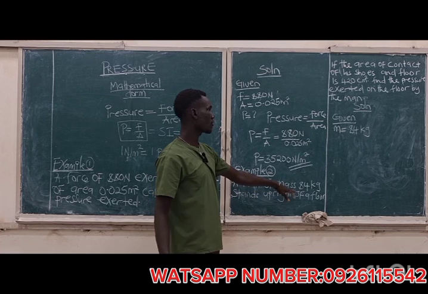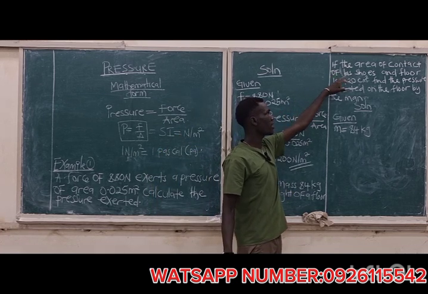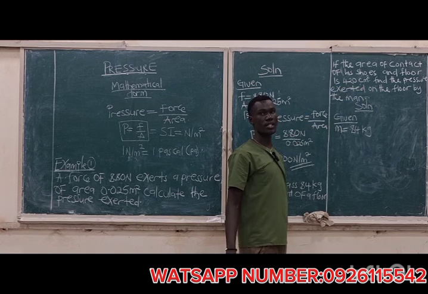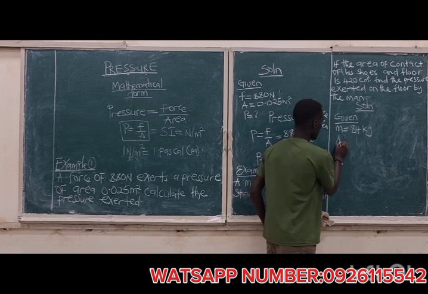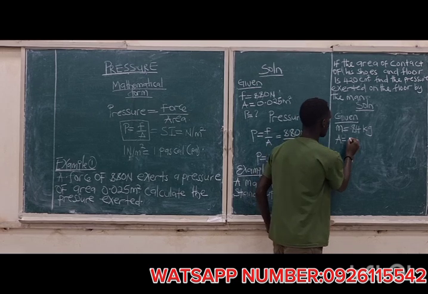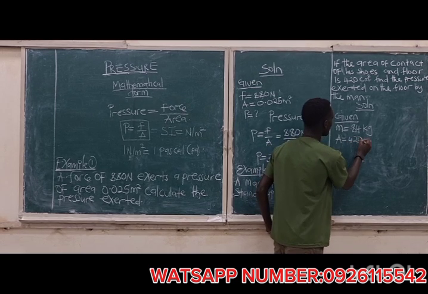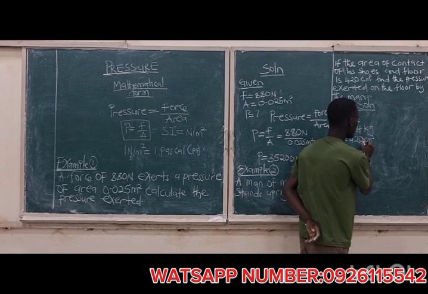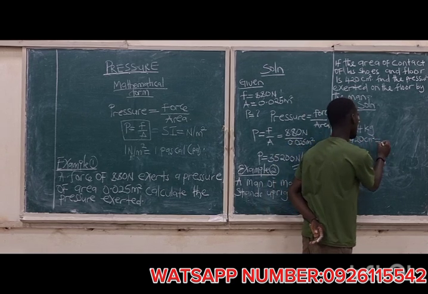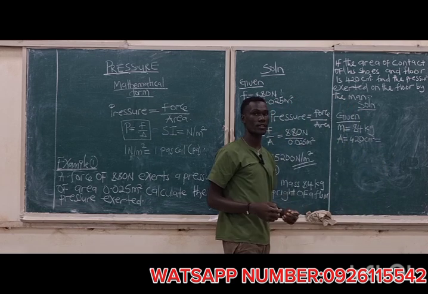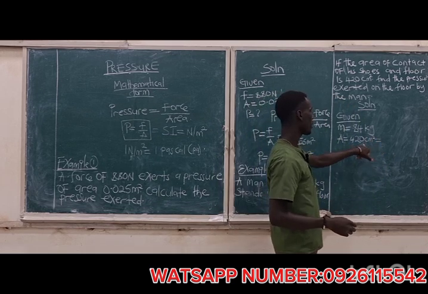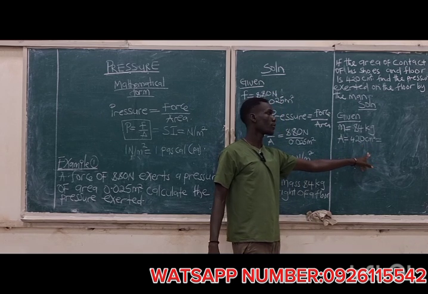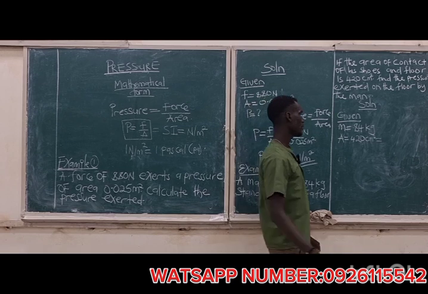He stands upright on a floor, and the area of contact of his shoes and floor is 420 centimeters square. We are also given the area as 420 centimeters square. We convert it to meters. We are going to divide it by 10,000 because it is a square. 1 meter is equal to 100 centimeters, but 1 meter square is equal to 10,000 centimeters square. That is the same idea.